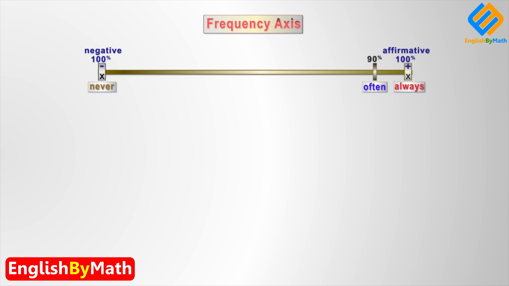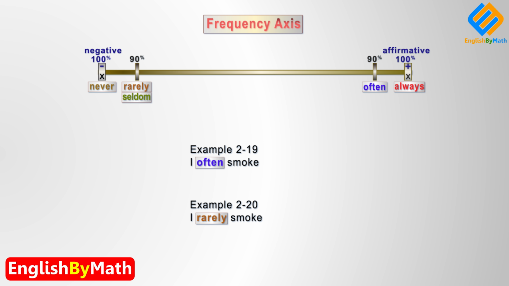Often equals 90% on the positive side of the scale, whereas rarely and seldom equal 90% on the negative side of the scale. I often smoke. I rarely smoke. The speaker in 219 smokes on most days of the week. The speaker in 220, on the other hand, might smoke once a month.